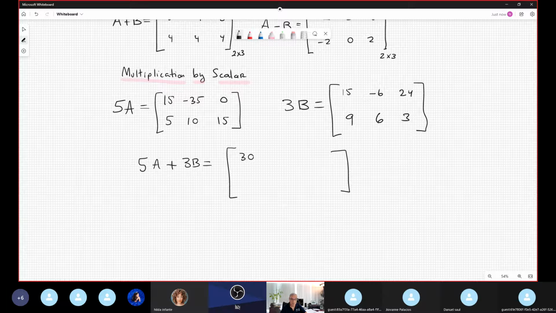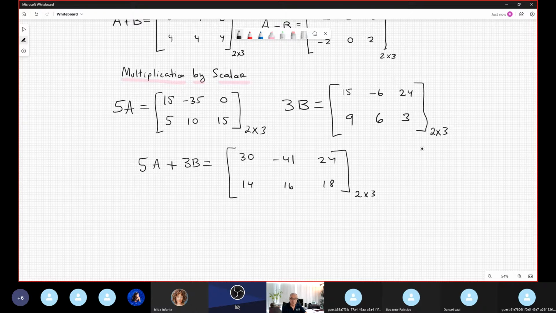Negative 35 and negative 6, negative 41. 0 plus 24, 24. 5 plus 9, 14. 16 and 18. Boom, final. And it stays the same dimension or order, 2 by 3. Another case with another dimension works exactly the same.